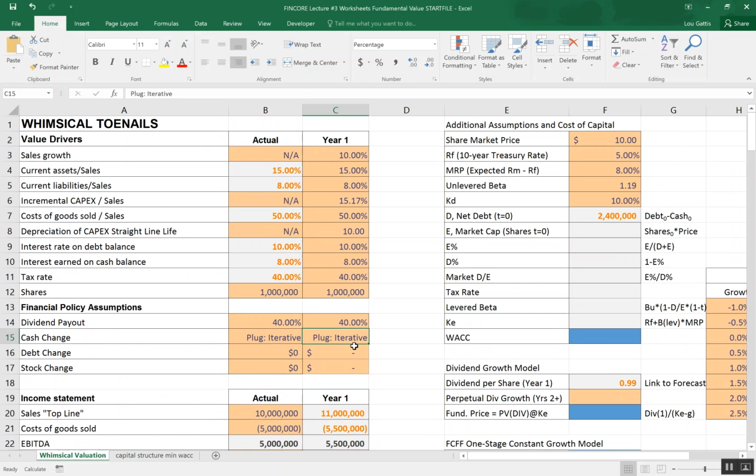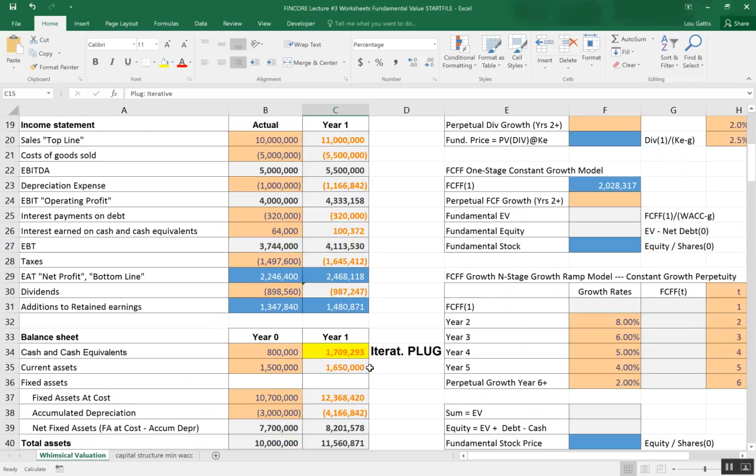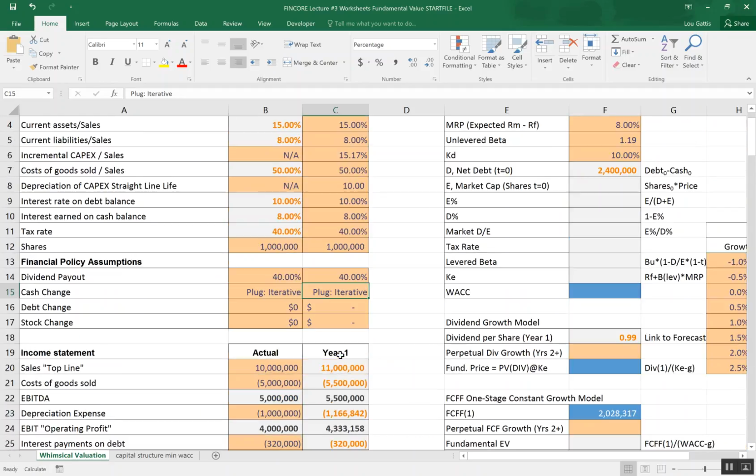Now, for the model from topic 1, I'm going to make a small change in that I am going to switch from making cash a policy variable to making cash a plug. In topic 1, we focused on using goal seek.